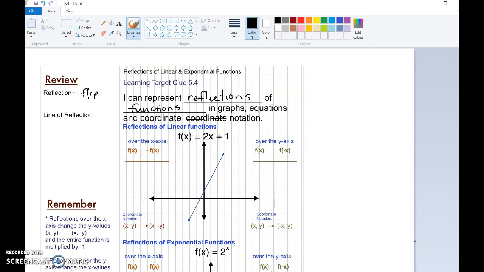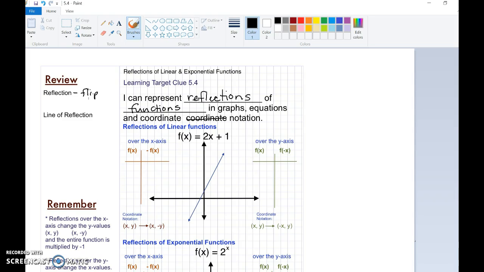Or imagine if you were looking into a mirror and you see a reflection of yourself, you see basically the image on the other side of a line of reflection, the mirror being the line of reflection. So a line of reflection is the line that you flip your image across, and in this situation we're going to be flipping lines and exponential graphs.